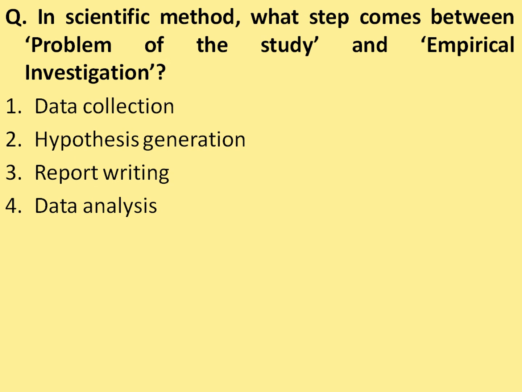Correct option is option 2, hypothesis generation, because first identifying the problem, then construction of hypothesis, then collection of data, then data analysis, and then conclusion, after that report writing. So in between problem of the study and empirical investigation, hypothesis is generated.